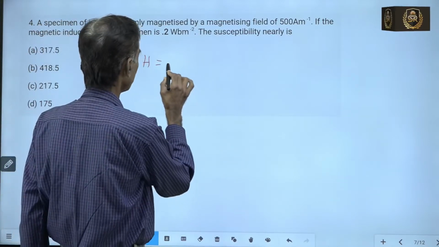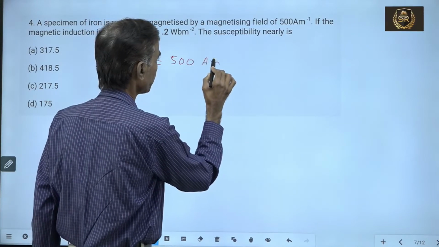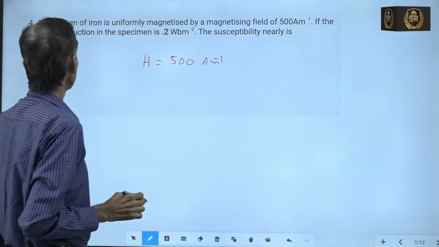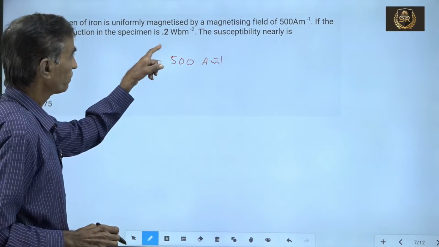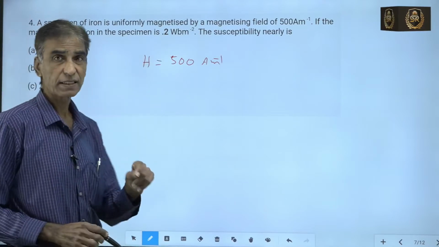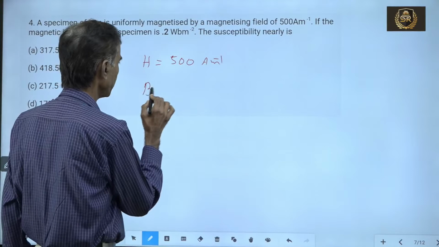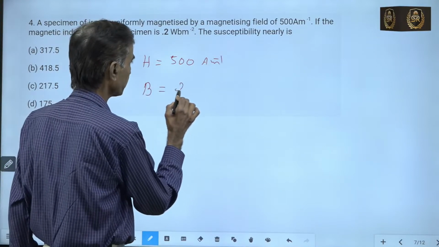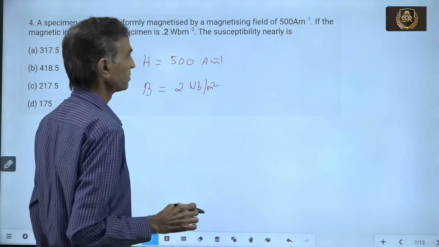Capital H is given as 500 ampere per meter. If the magnetic induction in the specimen is 2 Weber per meter square, that is also Tesla. Therefore, B is given. B is equal to 2 Weber per meter square.